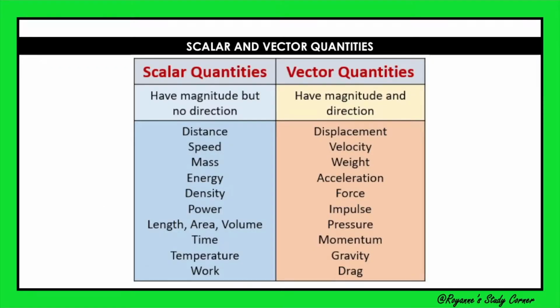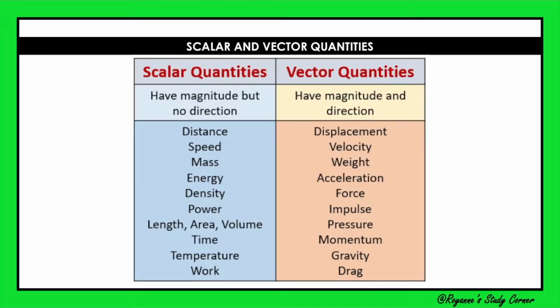Now, by definition, a scalar quantity is a quantity that has magnitude but no direction. So it's just the size. That's what magnitude refers to. This includes things like distance, mass, speed, and all of these quantities we see listed under that.